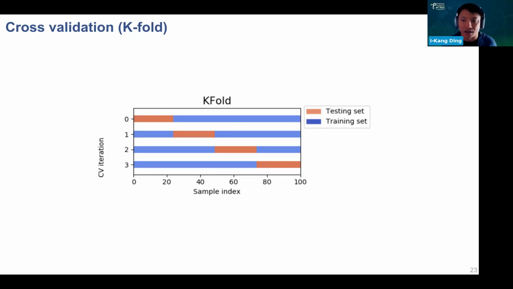A common way to do cross-validation is called K-fold, where you randomly split the data into K smaller chunks, train a model using K-1 of them, and do the evaluation on the left-out testing set. That approach works well if your data set satisfies the IID assumptions.